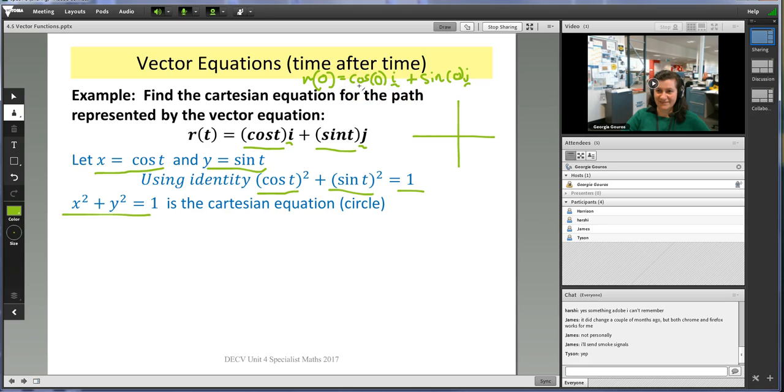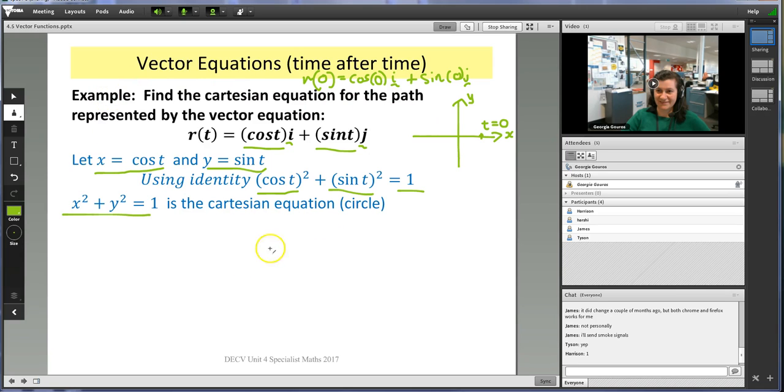What's cosine of 0? Cosine of 0 is 1. And what's sine of 0? This is the x and the y. Yep. So this object has the x value equal to 1, and y equal to 0. So it's starting here. That's where its path is starting, right there.